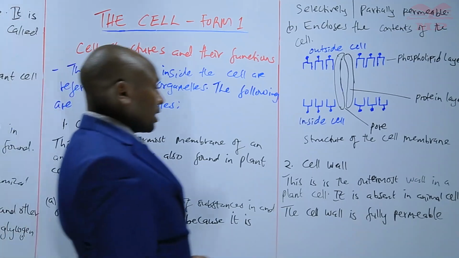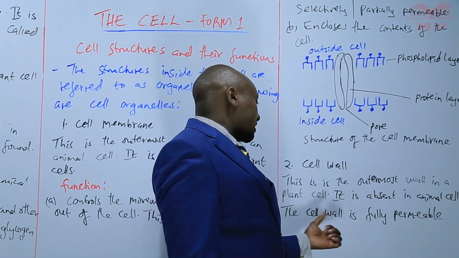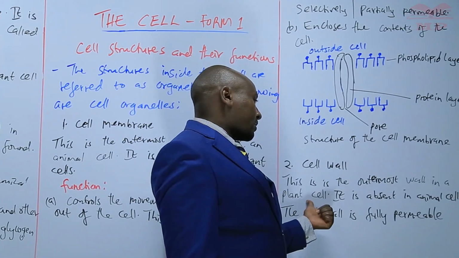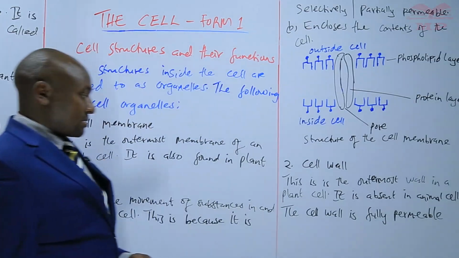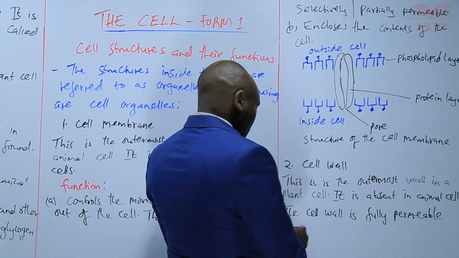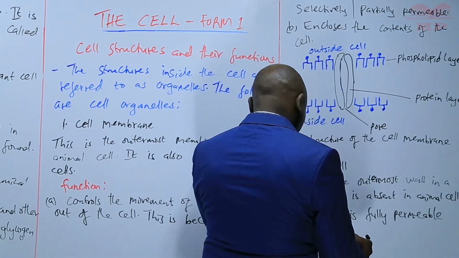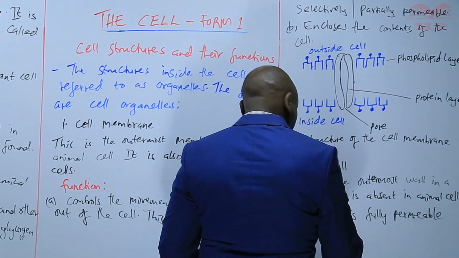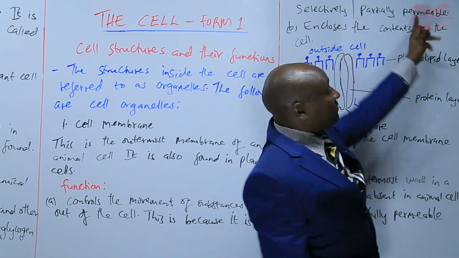Number 2 is the cell wall. It is the outermost wall in a plant cell. It is not found in animal cells. The cell wall is fully permeable. So this is different from the cell membrane. The cell membrane was selectively permeable.